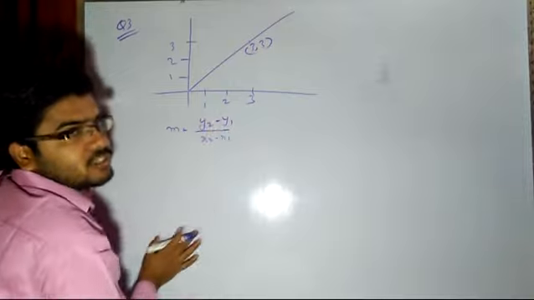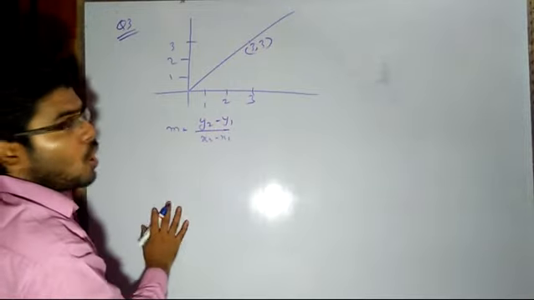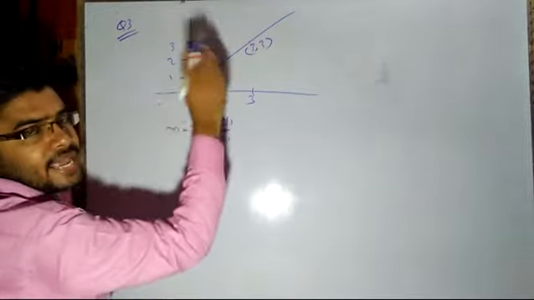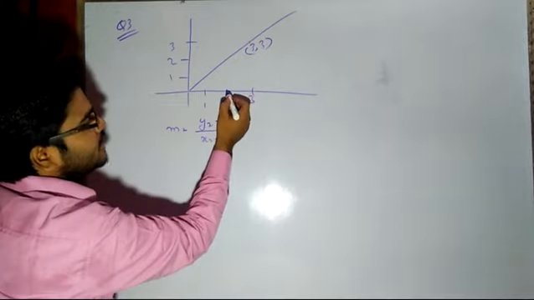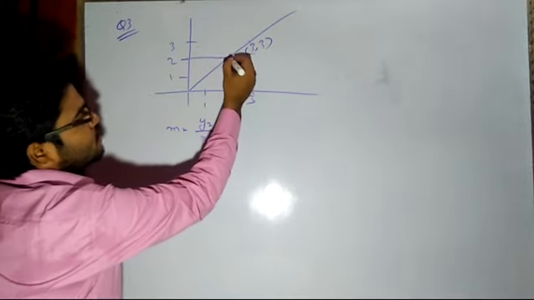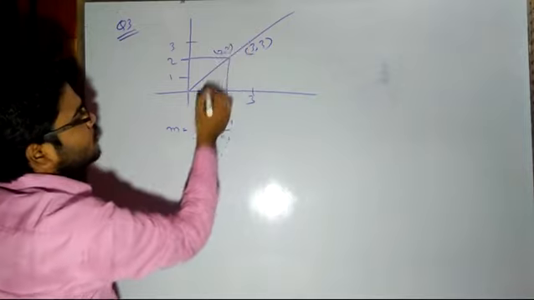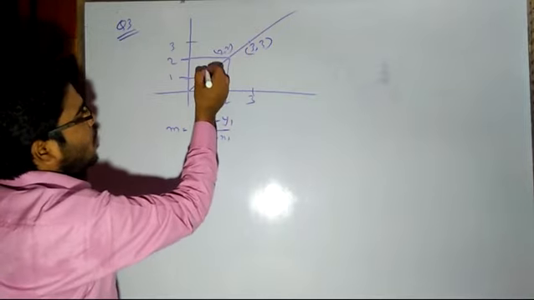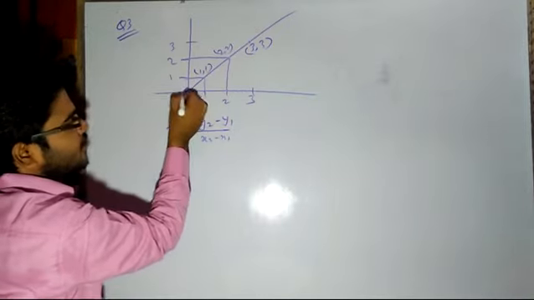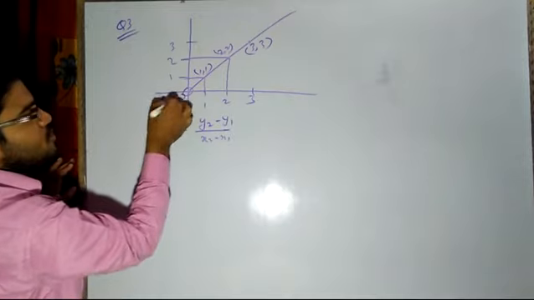So one point is given, (3, 3). Another point on this line you can take anywhere. If you want, you can take (2, 2). You can take (1, 1). You can also take (0, 0).